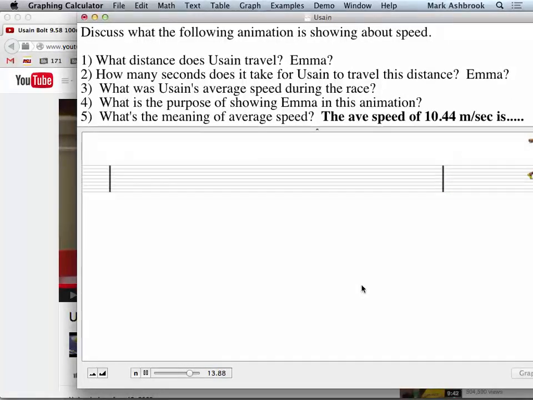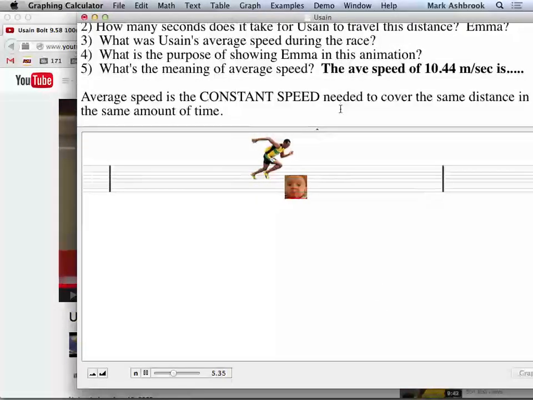Same distance, same time. So Emma is representing what? What does Emma represent? She is running a constant rate of change, but what does she represent? Usain's average speed. The point of Emma is to show Usain's average speed, the constant speed needed to go the same distance in the same amount of time.